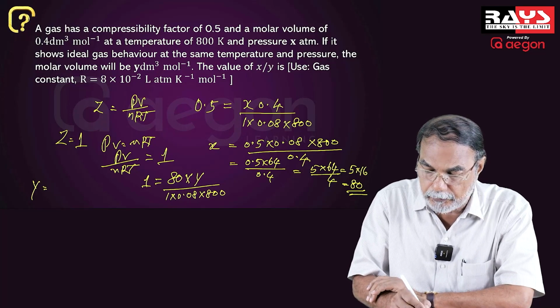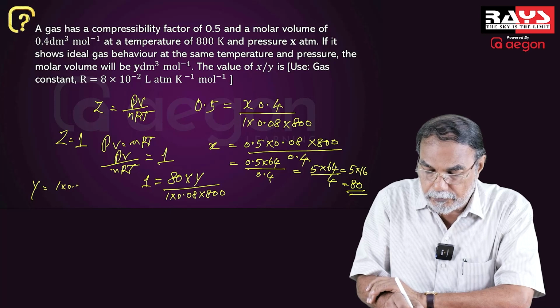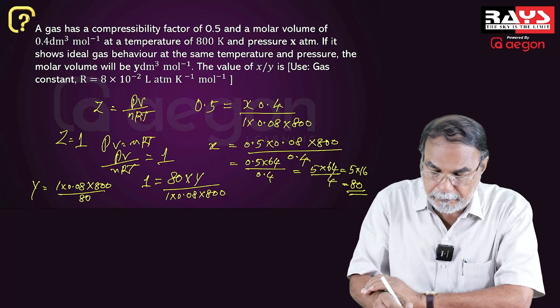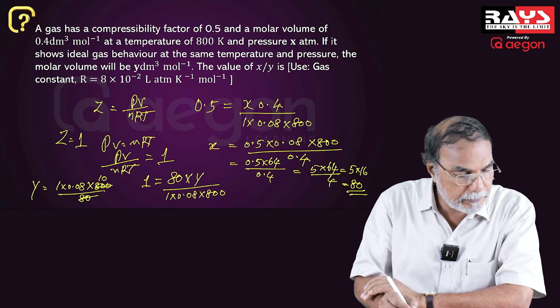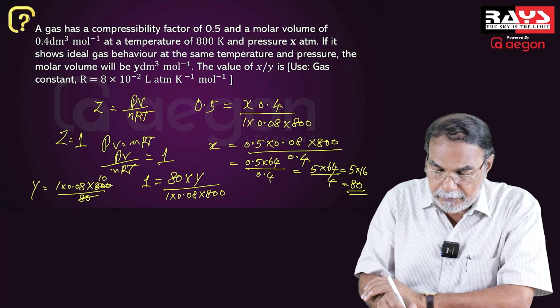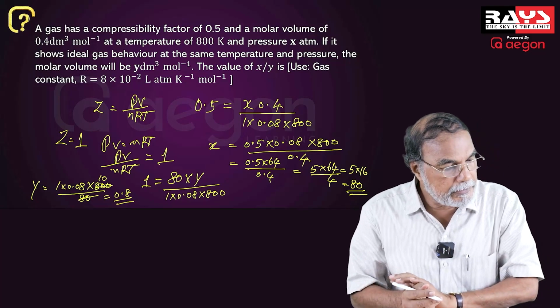Y is equal to 1 into 0.08 into 800 divided by 80. So this is 80, so 10 times, so 10 into 0.8. So the value will be obtained as 0.8.